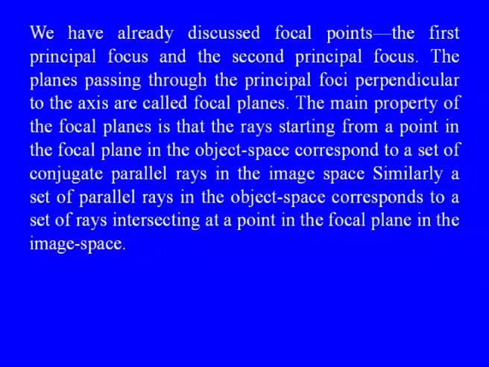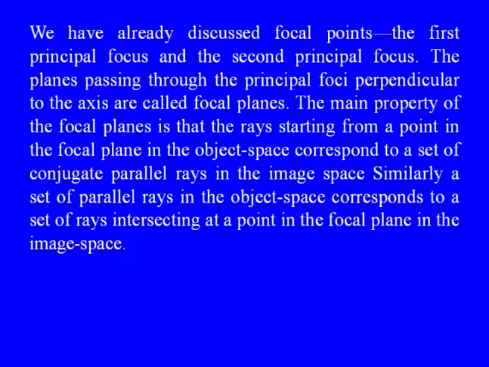We have already discussed focal points, the first principal focus and the second principal focus. The planes passing through the principal foci perpendicular to the axis are called focal planes. The main property of the focal planes is that the rays starting from a point in the focal plane in object space correspond to a set of conjugate parallel rays in the image space.